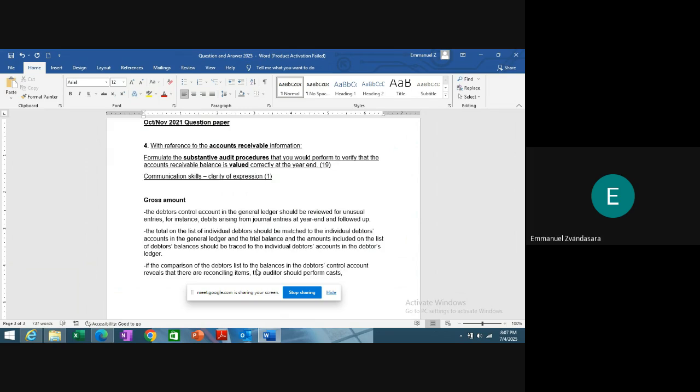I think we understand this from an accounting concept. The auditor also should test the reconciliation logic, and also follow up the reconciling items.